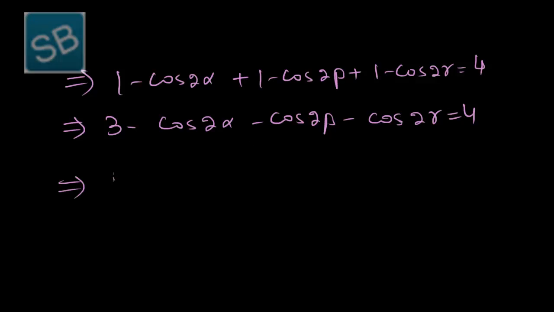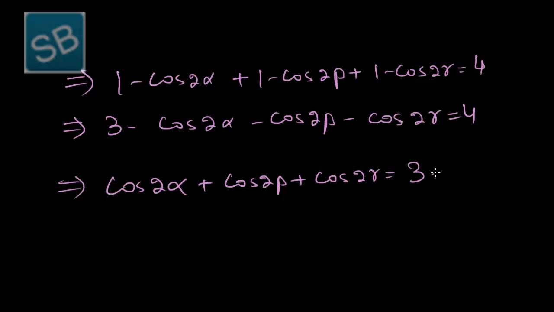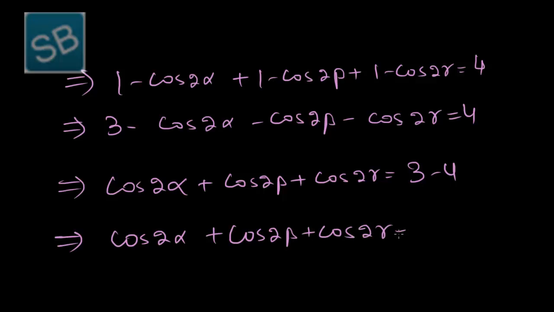By changing the position, cos 2 alpha + cos 2 beta + cos 2 gamma = 3 − 4. So we get the value of cos 2 alpha + cos 2 beta + cos 2 gamma equal to −1, which is the required answer.